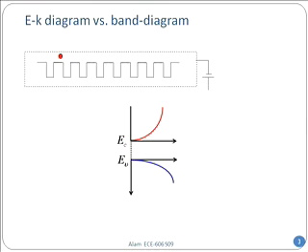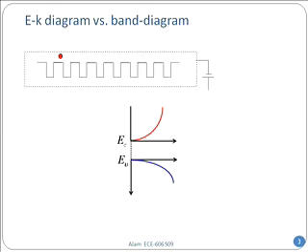Now, you remember that we have gotten rid of the internal crystal potential by using the EK diagram, because the EK diagram essentially contains the information about the spacing of the atoms and the potential depth of the atoms. The EK diagram knows about them all, right?